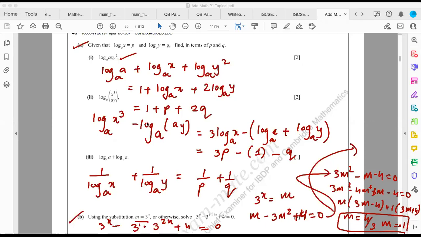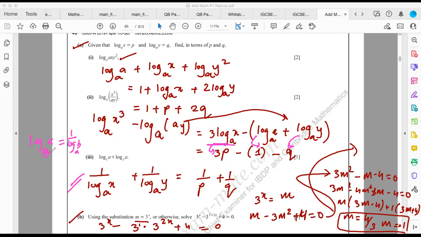You further apply the product rule on this, so it becomes log a to the base a plus log y to the base a. So this is 3p minus 1 and minus q. Then for this part, log a to the base x will be 1 upon log x to the base a, because you know that log a to the base b can be written as 1 upon log b to the base a.